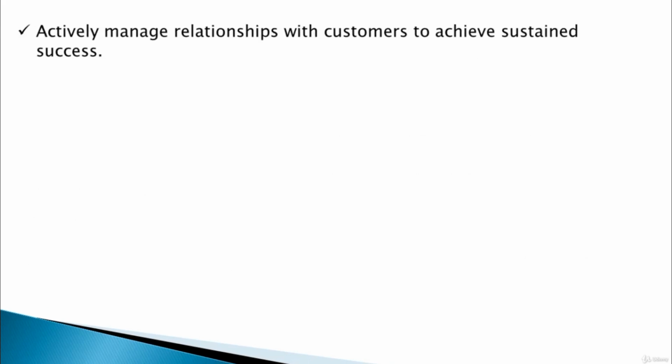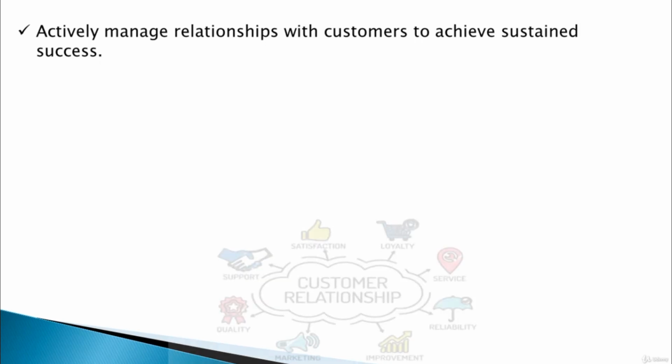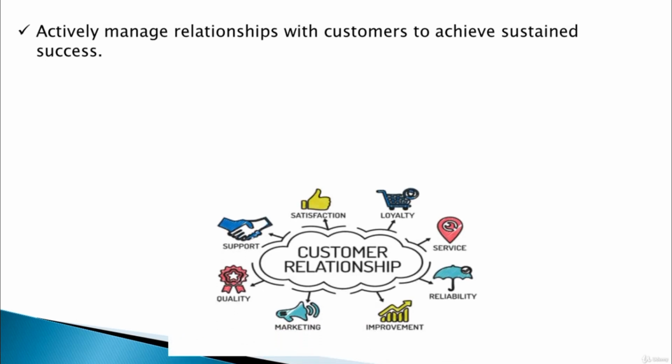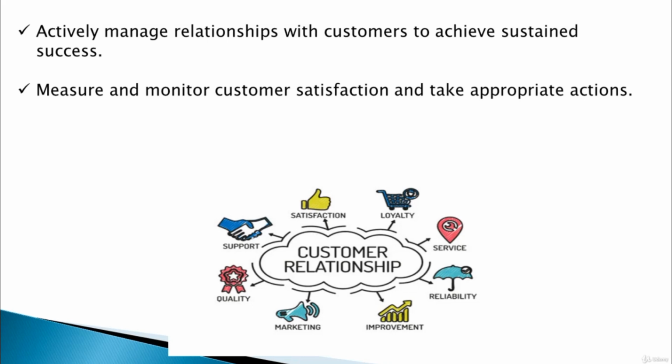actively manage relationships with customers to achieve sustained success. We're talking after the product or the service has been delivered. And then you should measure and monitor customer satisfaction and take appropriate action. So you need to see if the customer is satisfied or not, and then take appropriate actions.